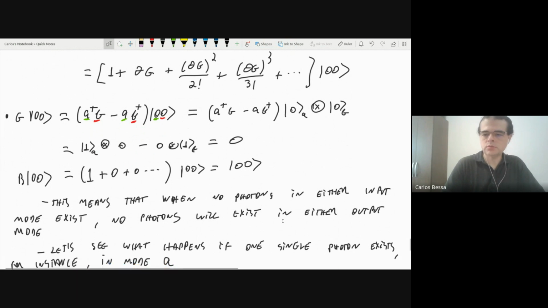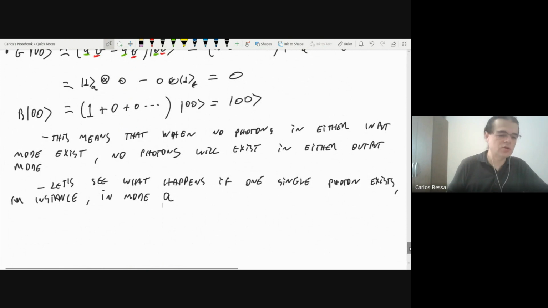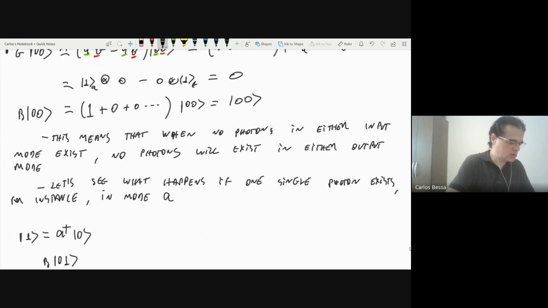So you just need to remember that the one photon state is the same as A dagger 0. So B01, I made some confusion here. Let's see. Yeah, sorry, I made some confusion here.